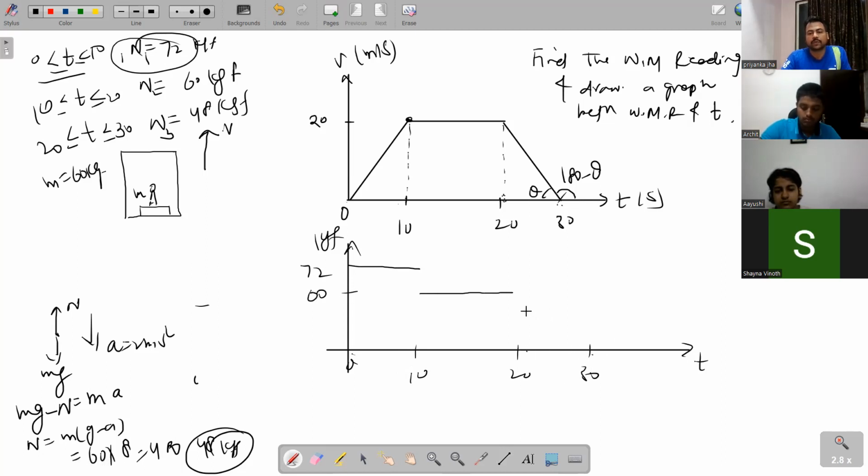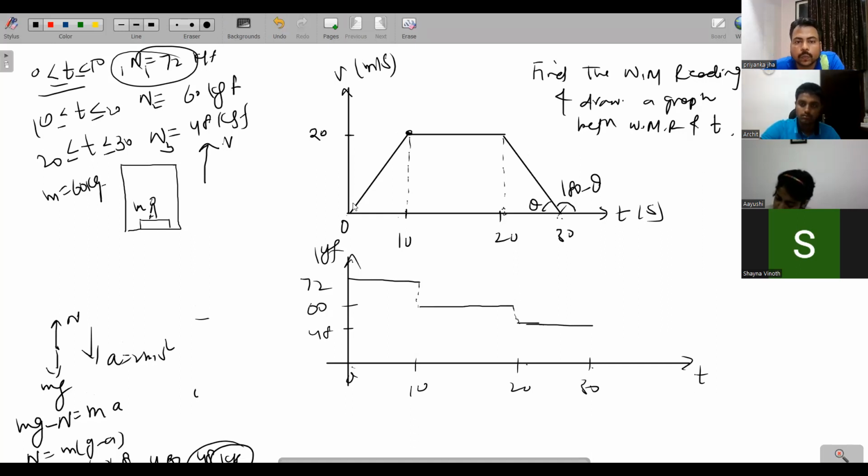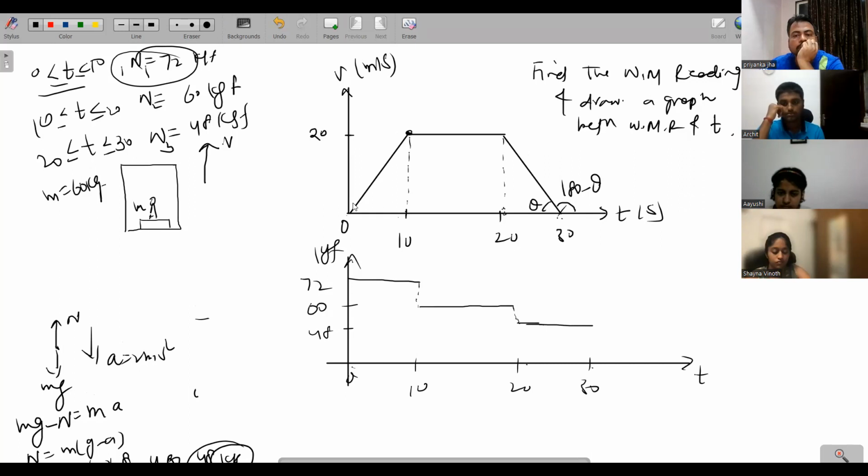From 20 to 30 there is 48 kgf. That's it. Done, noted?